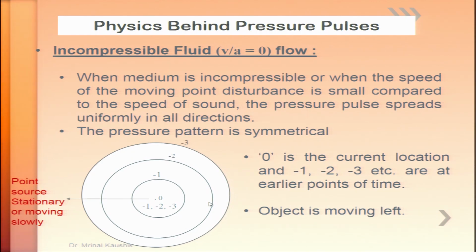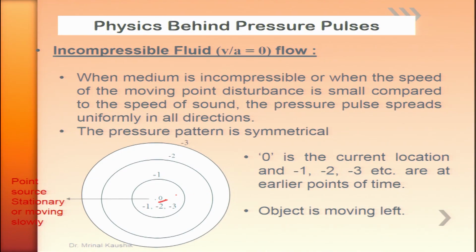Moving ahead, if the object relative speed is, let us say, V by A, consider a source which is stationary, but it is a wave emitting source, that is, it is producing some sound. However, it is stationary at a particular point. Location 0 is here, where a stationary source is present.